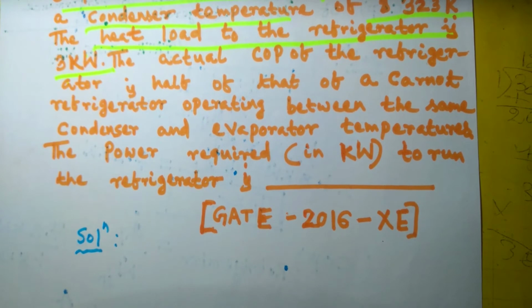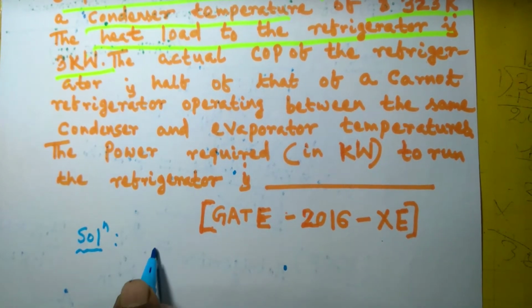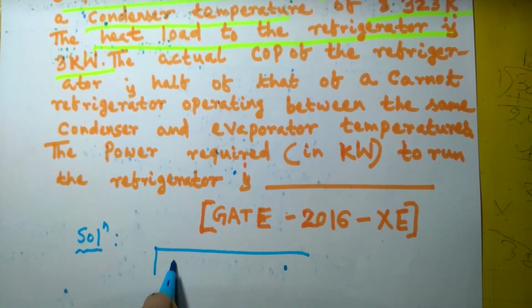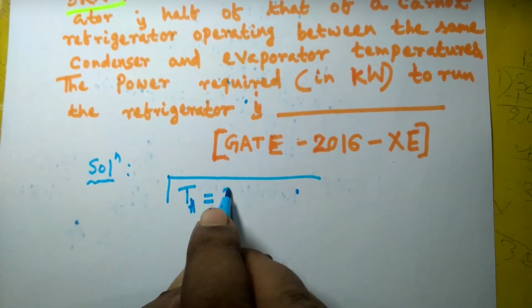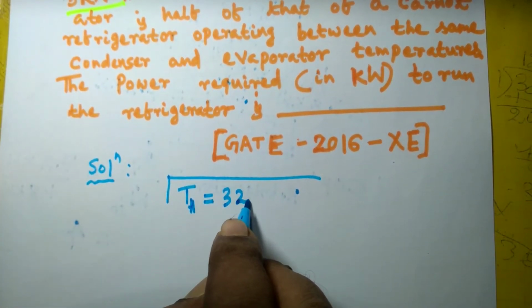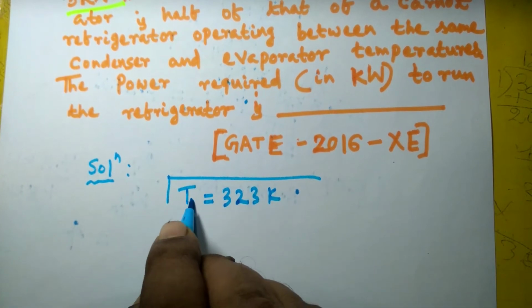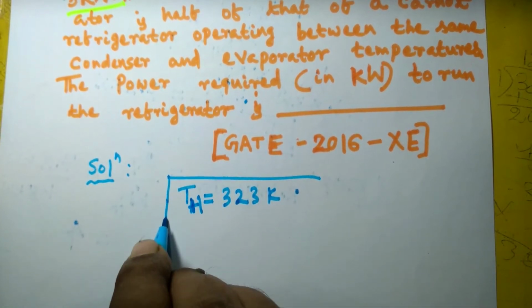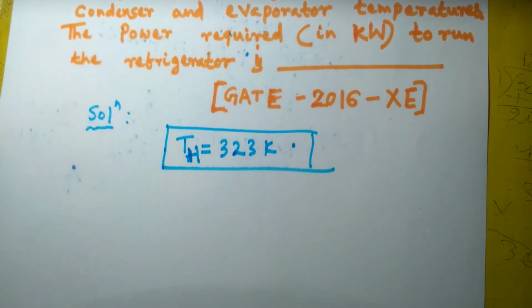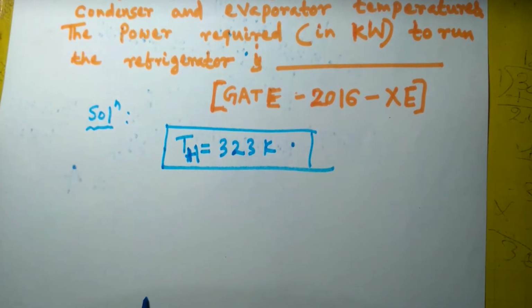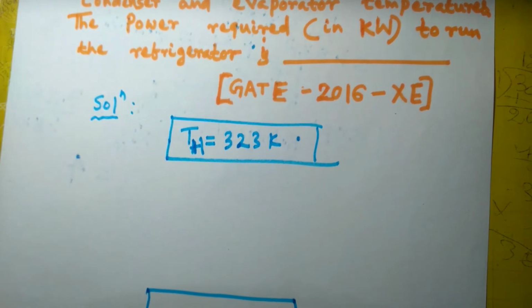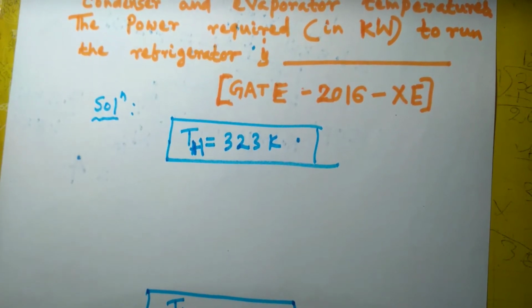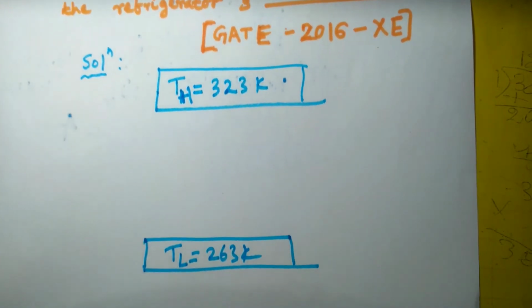So you see, the higher temperature is given to be 323 Kelvin. This is the condenser temperature, and the evaporator temperature is the low temperature. The lower temperature is given to be TL equal to 263 Kelvin.